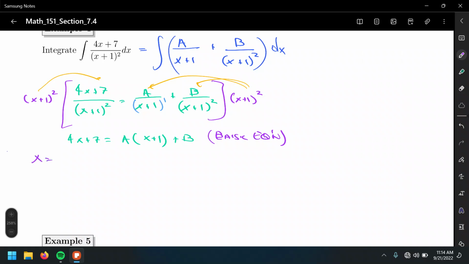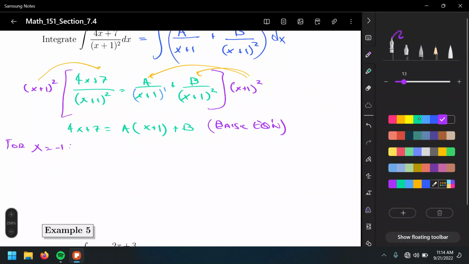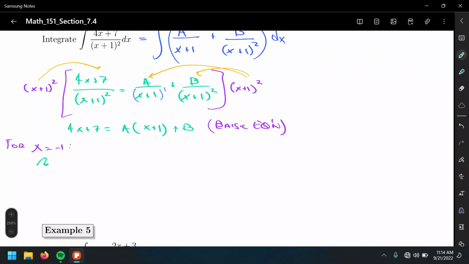Because for x equals negative 1, plugging it in here is going to get zeroed out, allowing us to find the value of B. So let's go ahead and do that. That is 4 times negative 1 plus 7 equals A times negative 1 plus 1 plus B.